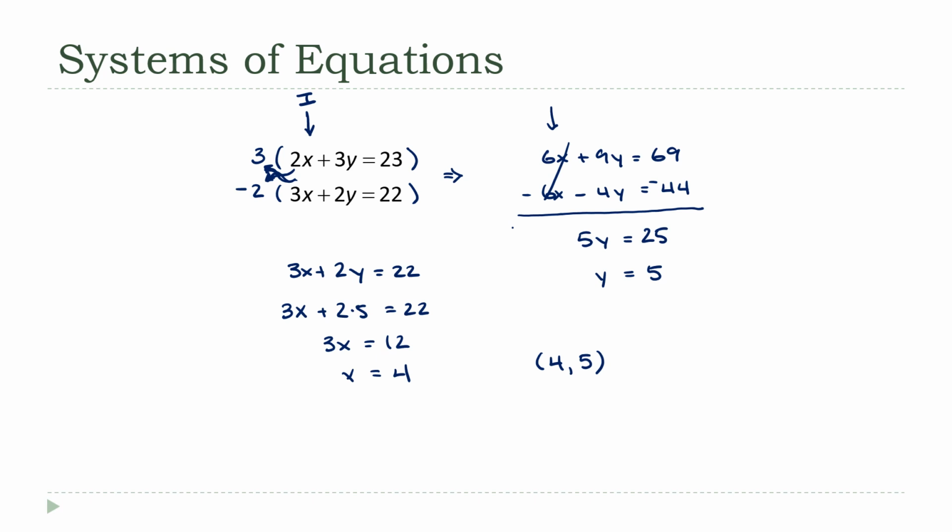And if necessary, I'm going to throw a negative sign in to make sure that I get opposite signs over here. So that's step 2. Step 3 is just add them together. And step 4, that was this step here, where I substituted, right, to get the value of the second variable for the final answer.